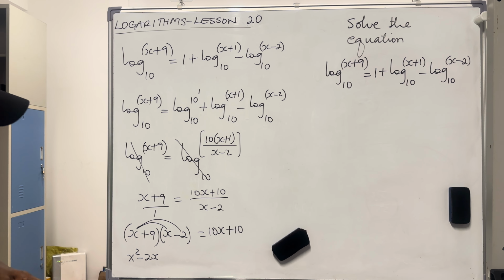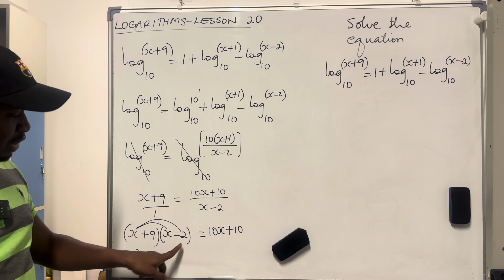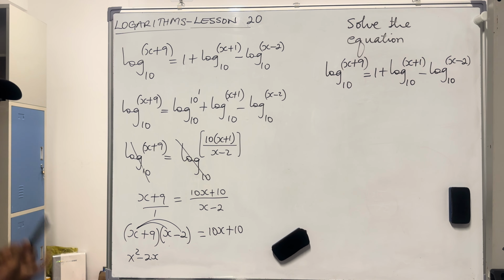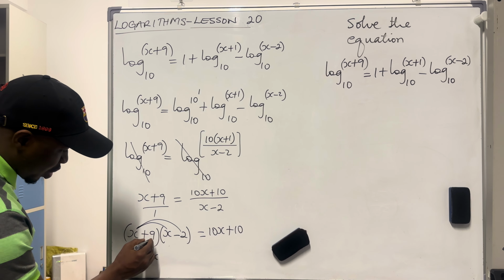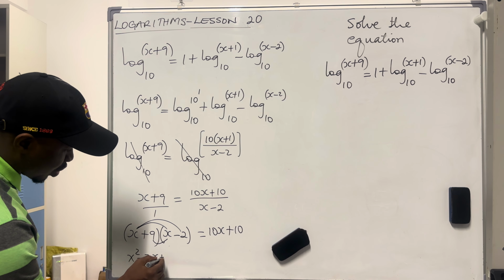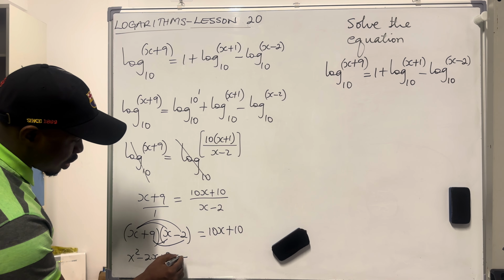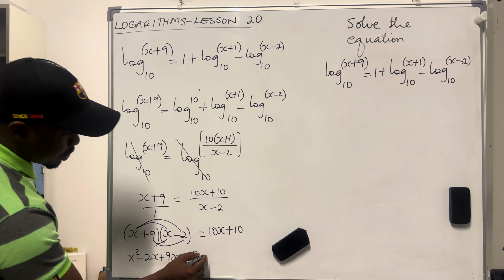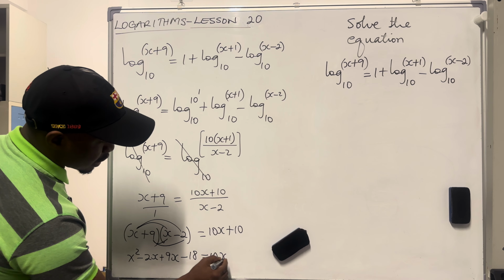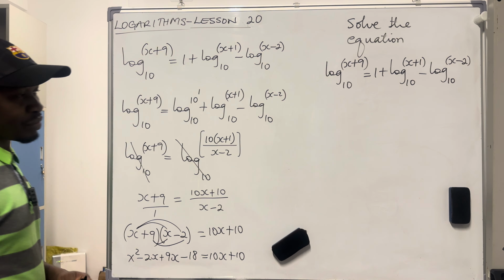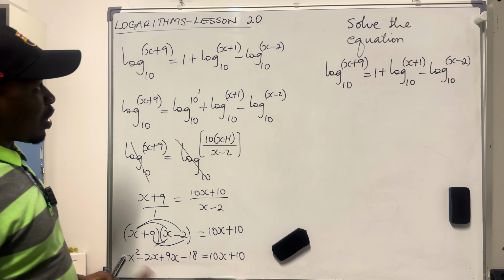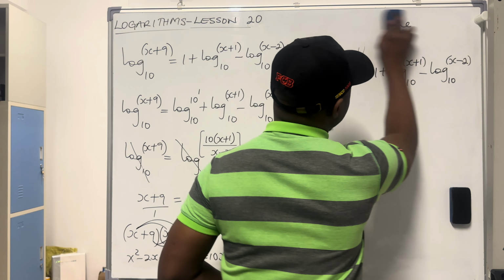Now it is time to use the 9: 9 times x is 9x, and 9 times minus 2 is minus 18, which equals 10x + 10. Is that understood?